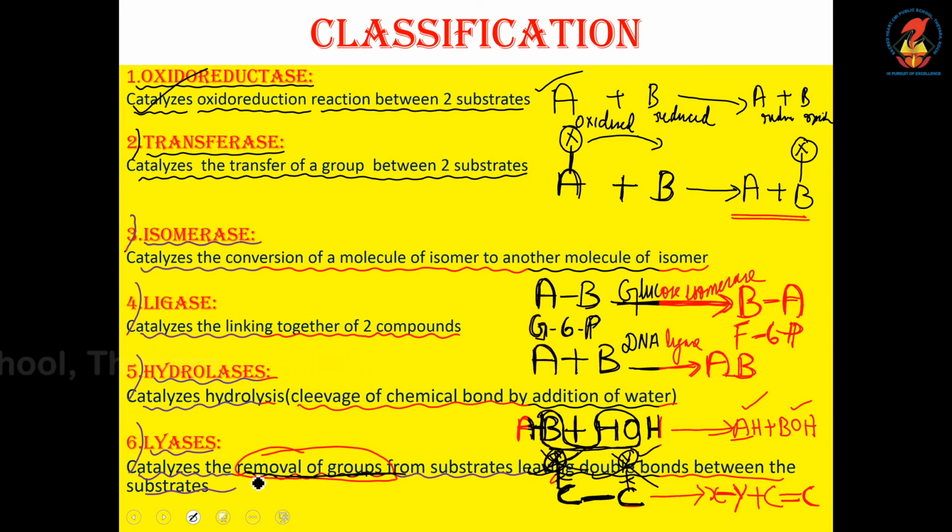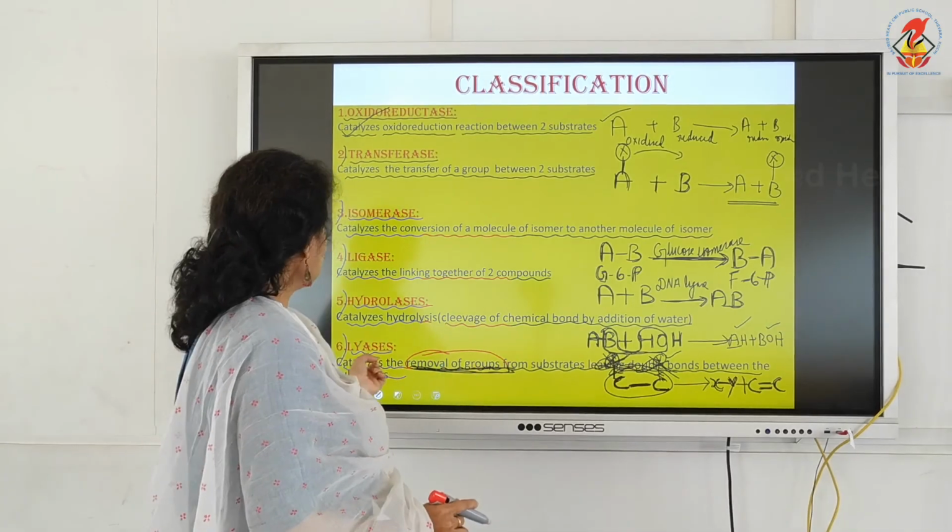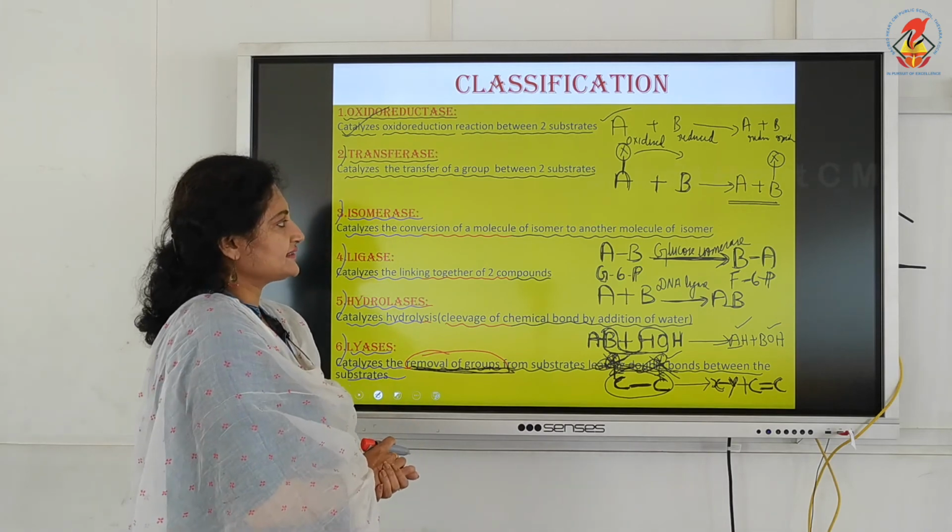So, the main function of this lyase is to remove the groups. The two groups are removed and they form one product, and the carbons together form the other product with a double bond. So, this is the action of lyases.